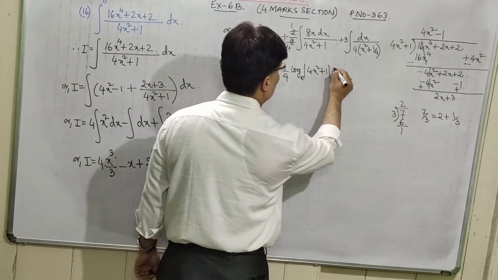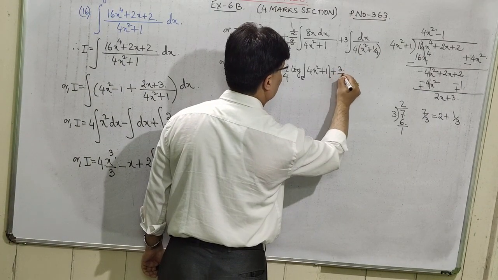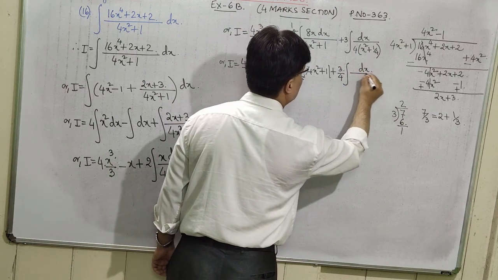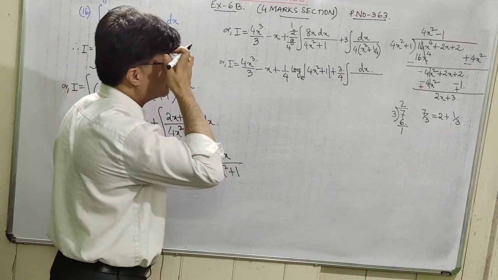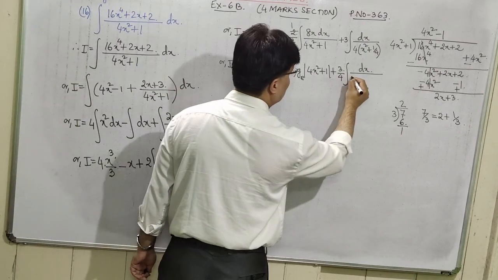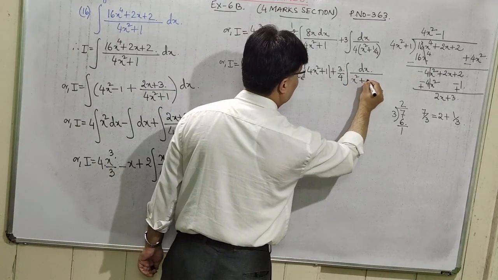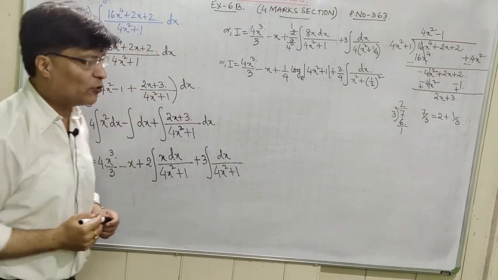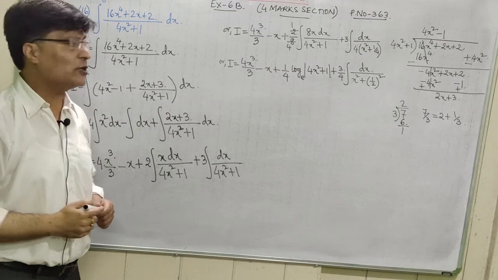Okay, so plus, so in this case 3 by 4 is constant, it is taken outside. Integration of dx divided by, so let us convert it into standard form now. So this is x squared, so I will write 1/4, it is half whole square. 1/4 is written in terms of a whole square, that is your half whole square.